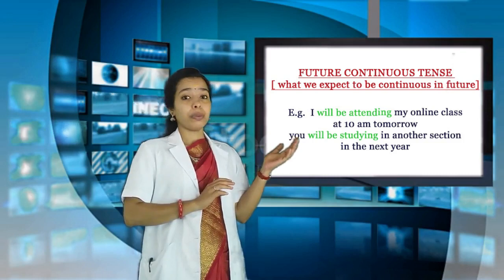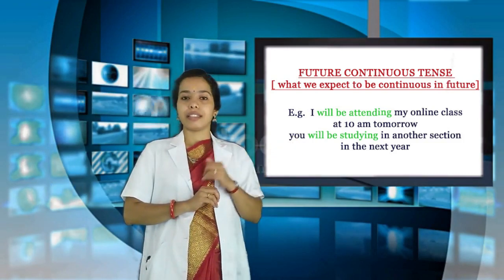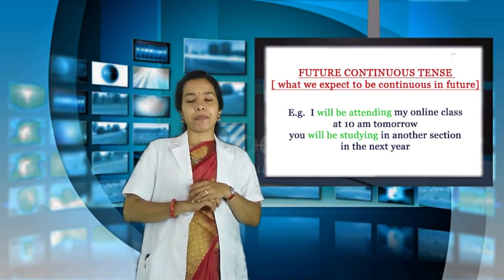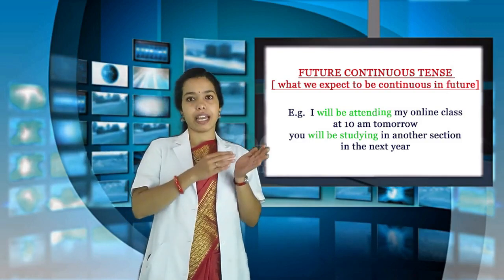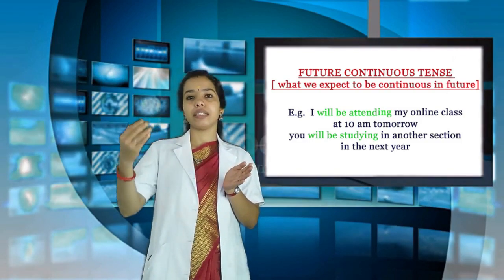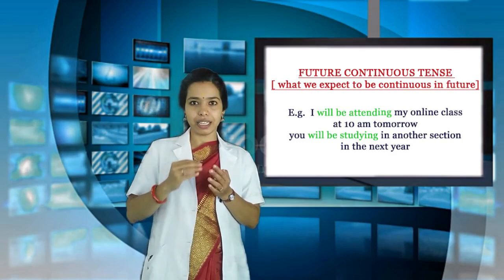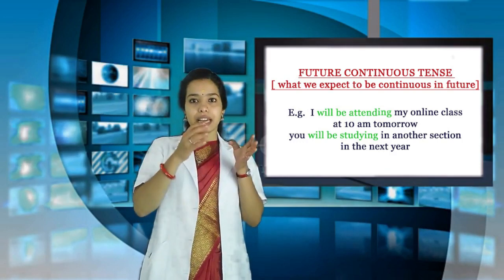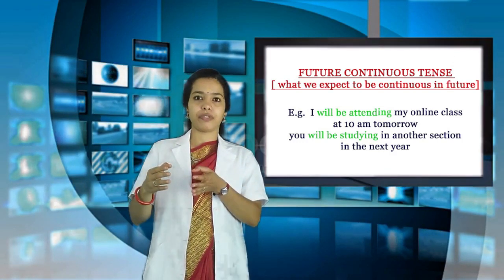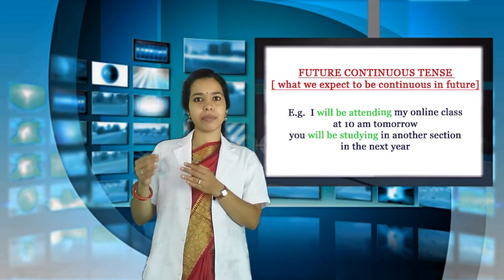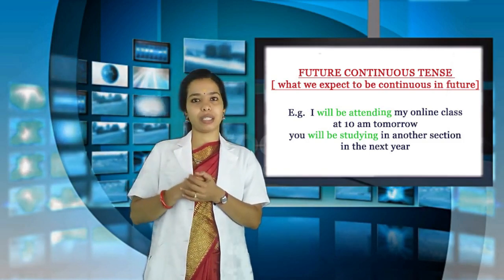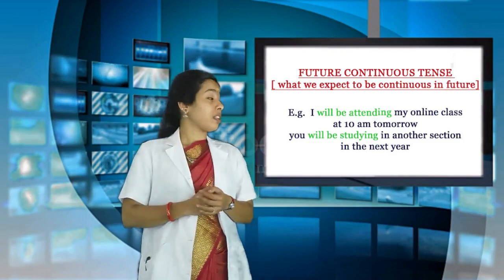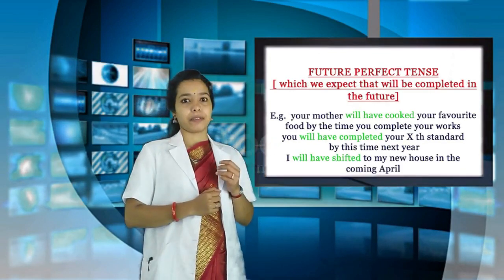Then, you will be studying in another section next year. So you expect that the action will be continuous next year. That action will be continuous in a particular future time, which we can denote using future continuous tense.